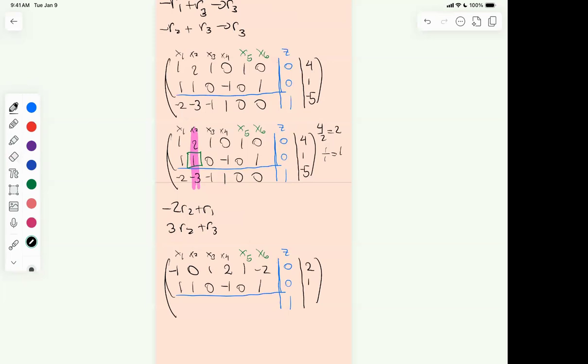And then you do 3 row 2 plus row 3, you get 1, 0, -1, -2, 0, 3. And then this one gives you -2. I'm going to check everything here against my notes just to make sure it was all fine. Yes, we're good.